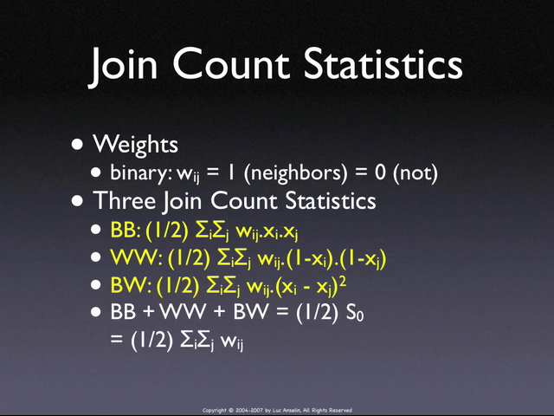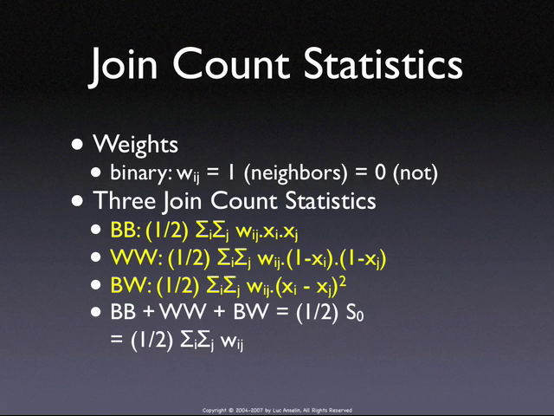And they're either the cross product, which will pick up the ones where 1 is next to 1, the product of the complements, which will pick up the ones where 0 is next to 0, and then these squares, which will pick up the ones where 0 is next to 1. And if we add these up, we get half of the sum of all the weights. Now, by convention, these get divided by 2, but whether or not you do this is irrelevant, as long as you remember.